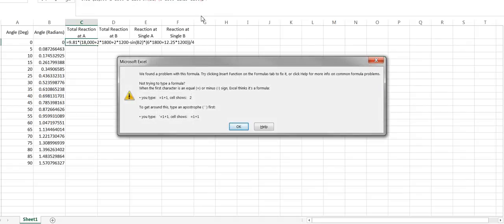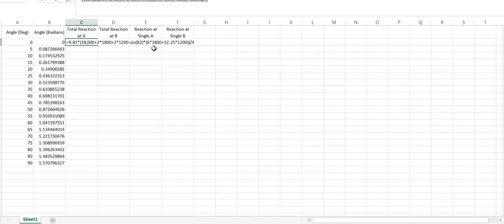So where did I make my mistake here? Oh, I have an extra. So I have mistyped something here. Sine B2. Do I have an extra? Sine B2 times that quantity.